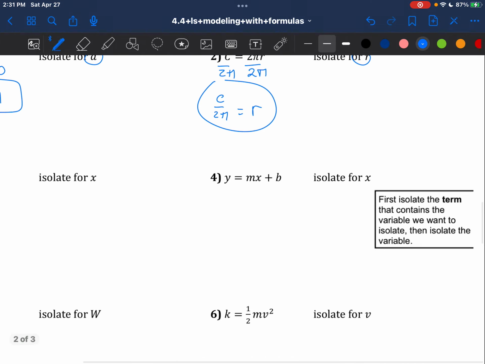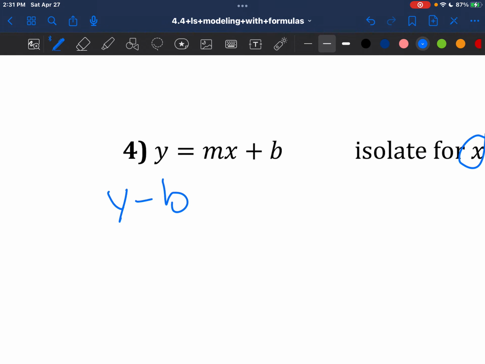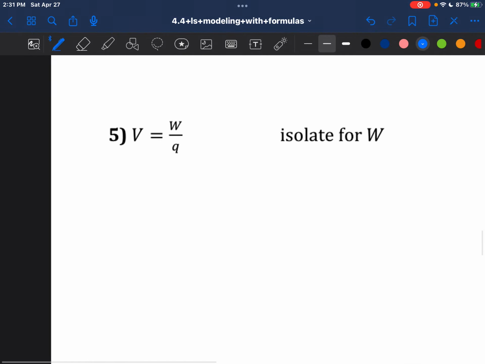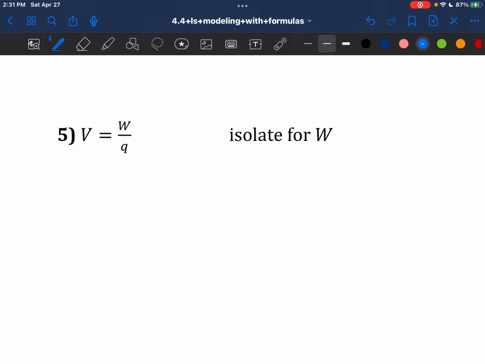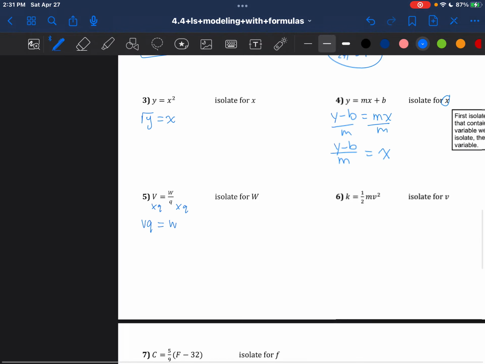There you go. Isolate for X: Y minus B equals MX, divided by M. Y minus B divided by M equals X. Isolate for W, same thing, times Q: VQ equals W.